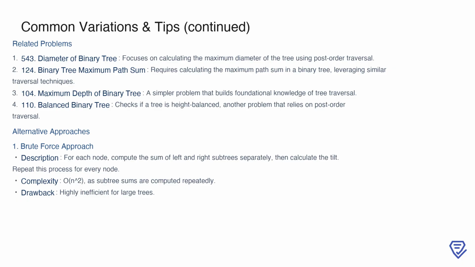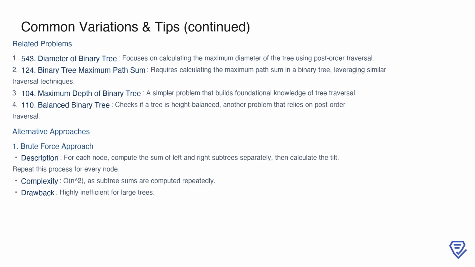On the simpler side, Problem 104, Maximum Depth of Binary Tree, helps build a foundational understanding of tree traversal concepts. Another related problem, Problem 110, Balanced Binary Tree, checks whether a tree is height balanced, which also depends on post-order traversal.